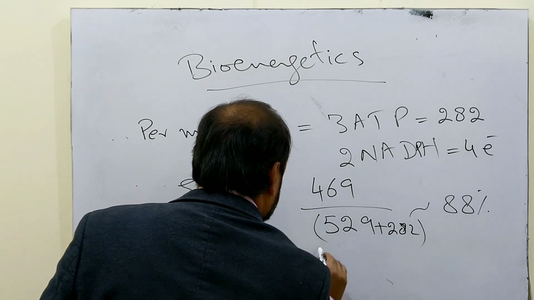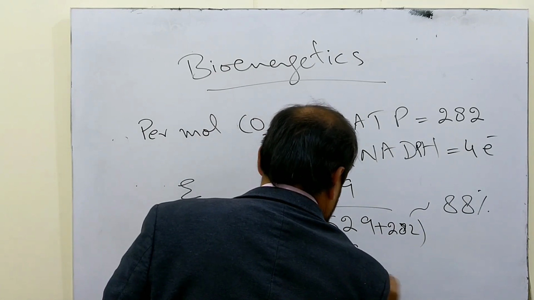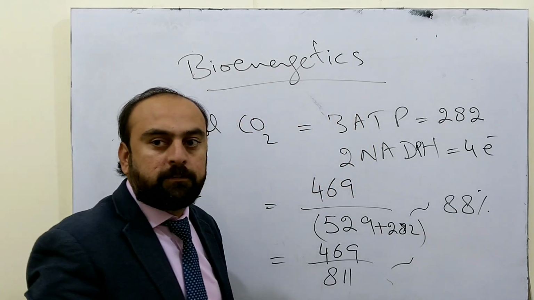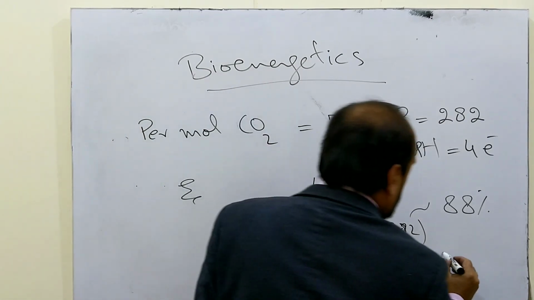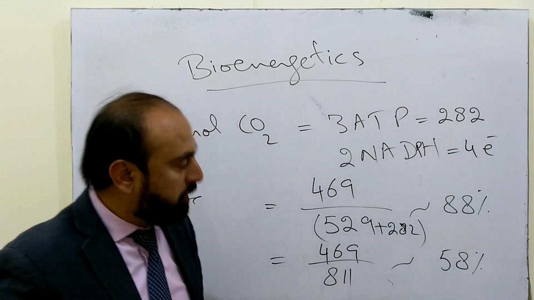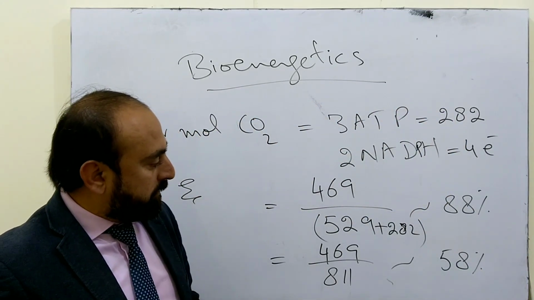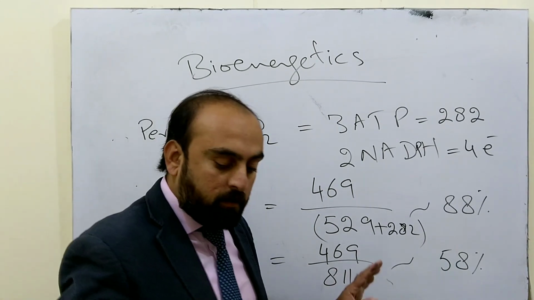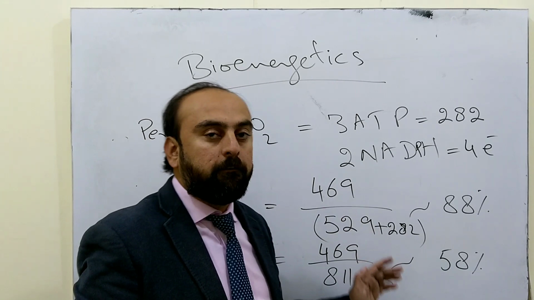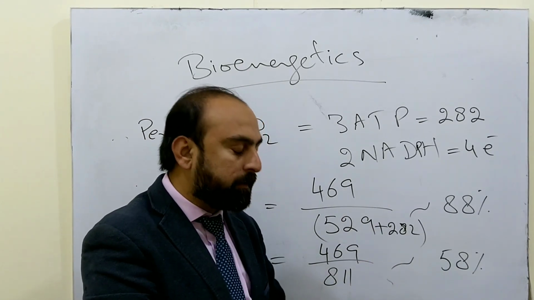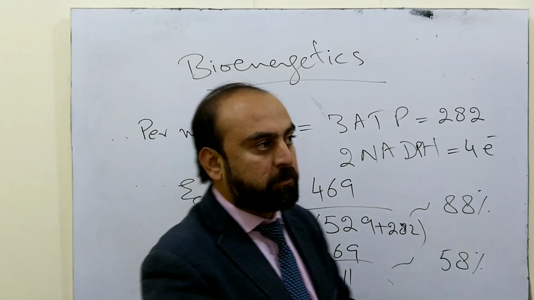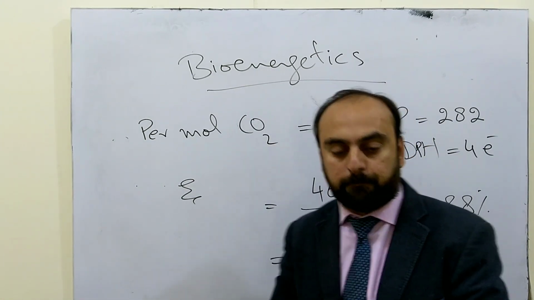So now this becomes energy efficiency of about 58%. But the underlying assumption is that all of the carbon dioxide remains inside the leaf. Under field conditions, however, this does not hold true, and actual photosynthetic efficiency is much lower.